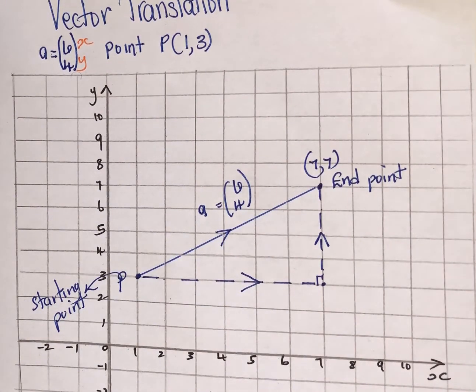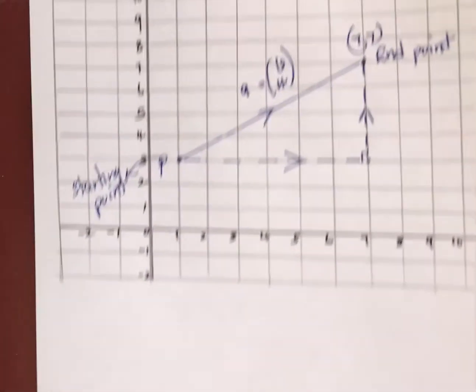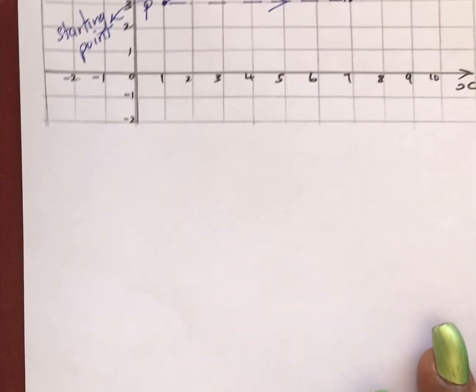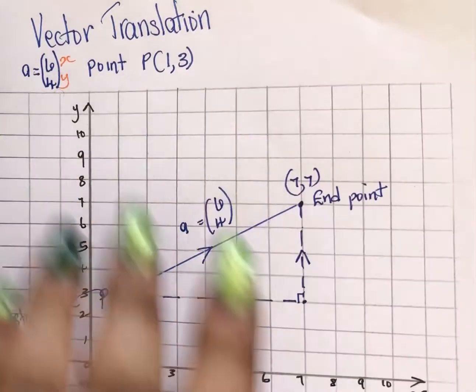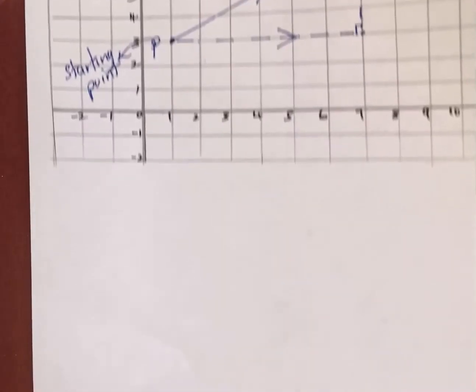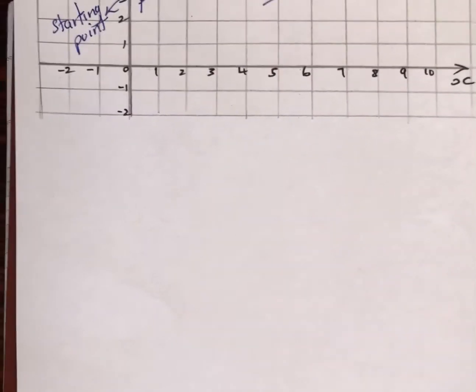There is another method we could have used. Had they not asked us to illustrate using a diagram on the grid line or your graph paper, we could have done the mathematical calculations.